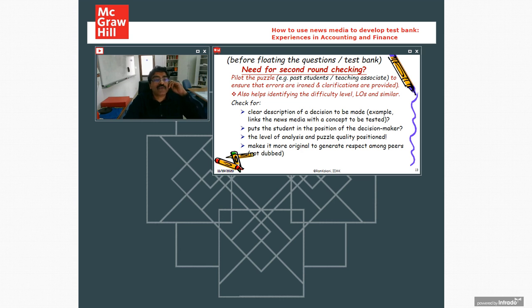Now, next question is Professor Ramesh Dalal's. Sometimes news media becomes an embarrassing source to defend the question, especially when there is some regulatory or policy change, as we are witnessing these days. I think that's a very informative point, Professor Ramesh.